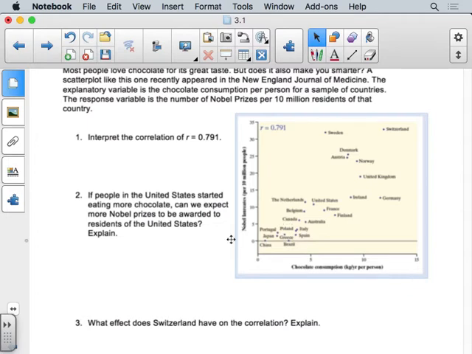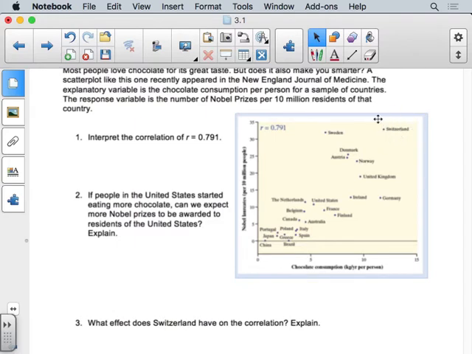Okay. What effect does Switzerland have on the correlation? Switzerland's up here. Is Switzerland increasing our correlation or decreasing it? That's where the Nobel Prize place is, and that's where they have chocolate. So look, I'm way up here.